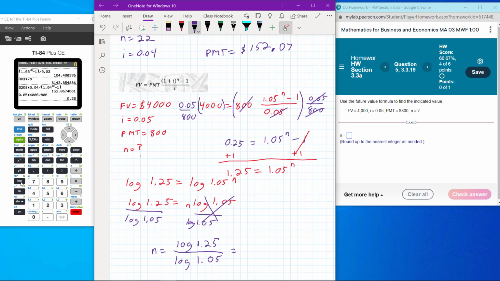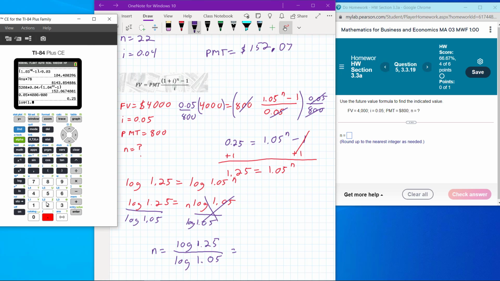Now for the common log, we're going to use the log button, which is right here. Log 1.25, close the parentheses, divided by log 1.05, and then hit enter, and we get 4.573.